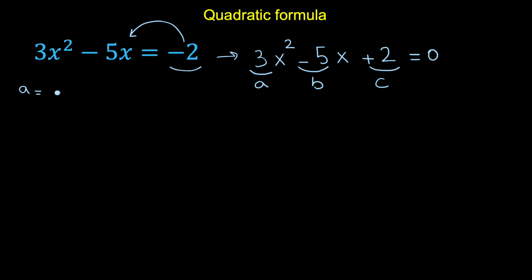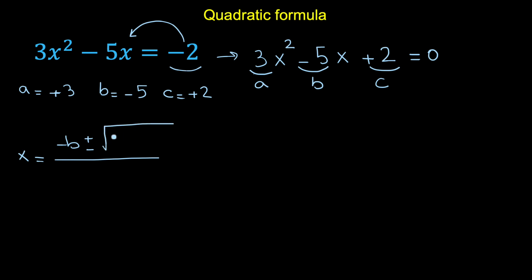So a is +3, b is -5, and c is +2. And now we need to write our quadratic formula. x equals -b plus or minus the square root of b squared minus 4ac, divided by 2a.